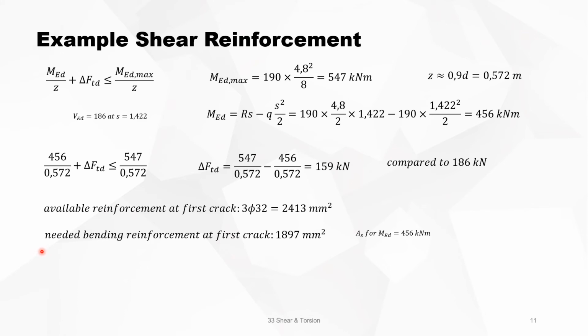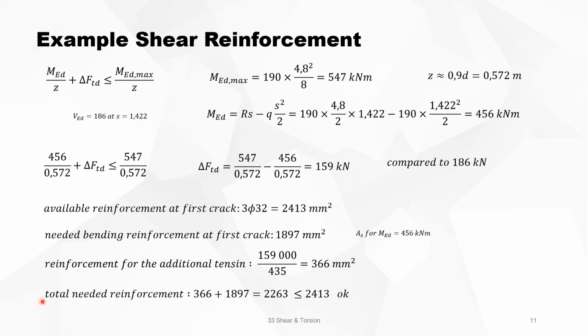The available reinforcement at the first crack was 3 diameters 32, so that's 2,413 square millimeters. The needed bending reinforcement at the first crack is the reinforcement needed to cover this bending moment, and this is 1897 square millimeters. The reinforcement for additional tension is the 159 divided by 435, it's 366 square millimeters.